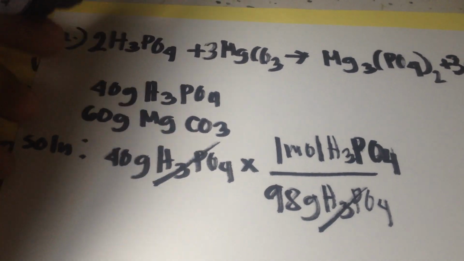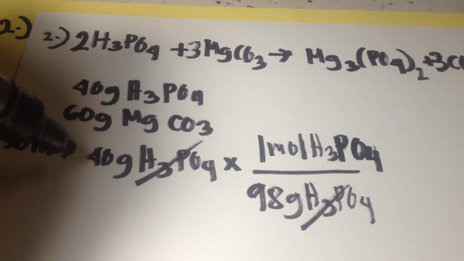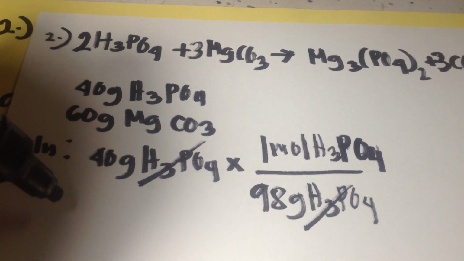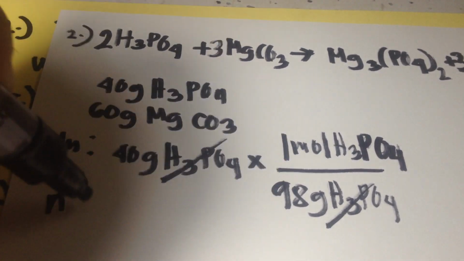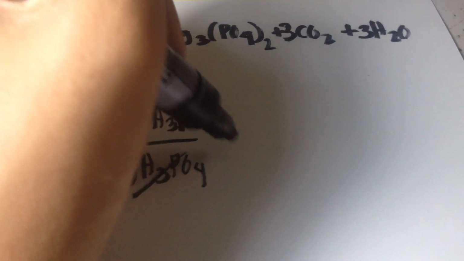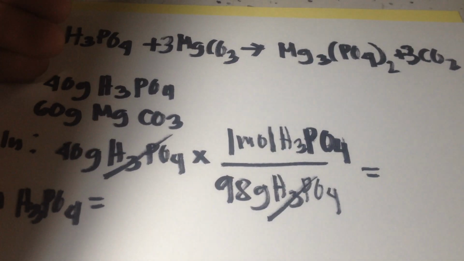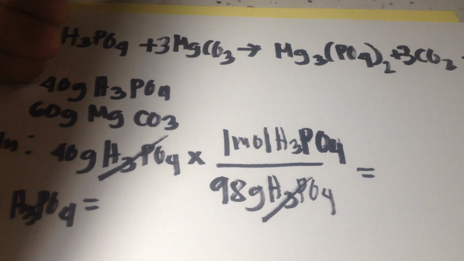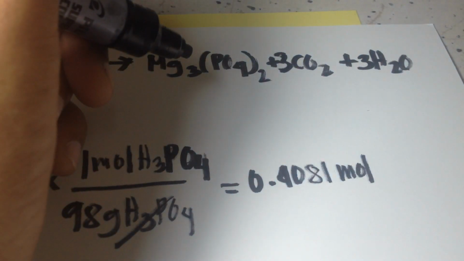So 40 divided by 98 equals 0.4081 moles of phosphoric acid.